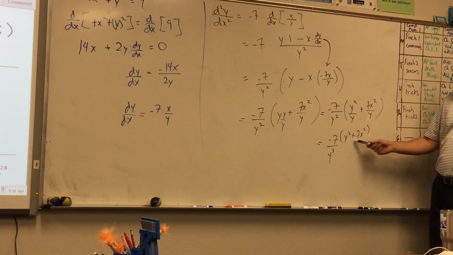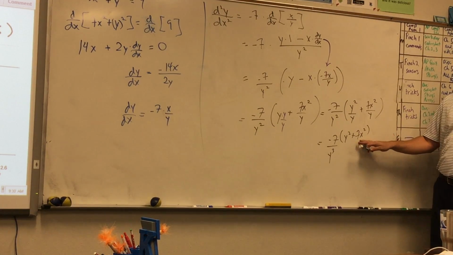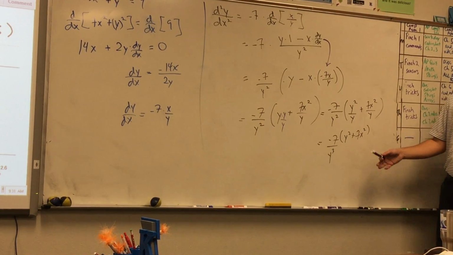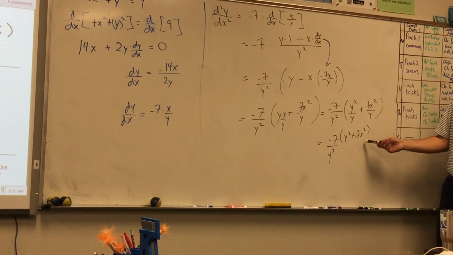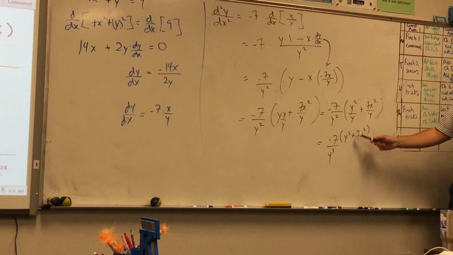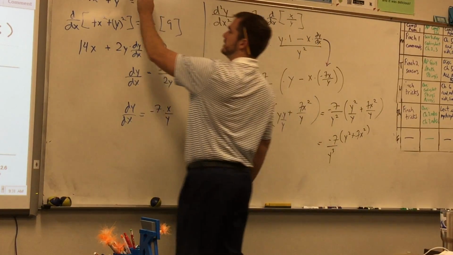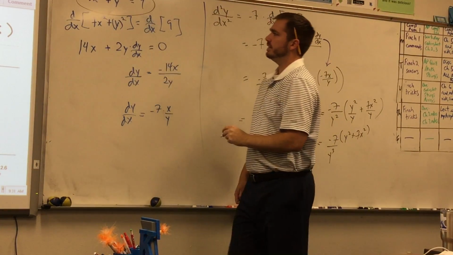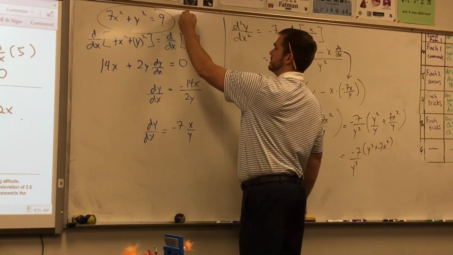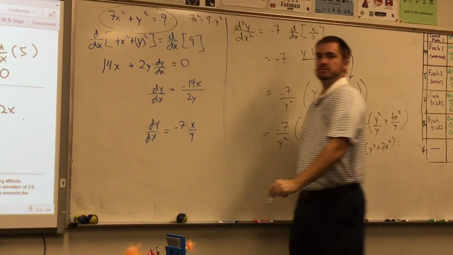Okay, and you think you're done, but they want it all in terms of x's and y's. I don't know if my math lab would accept this. This is not the answer they provided, because what they did is look at the original equation, and I can manipulate it by subtracting a y squared from both sides so that I have 7x squared equals 9 minus y squared.